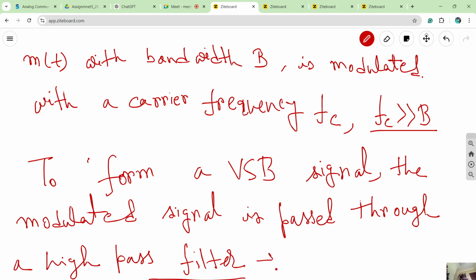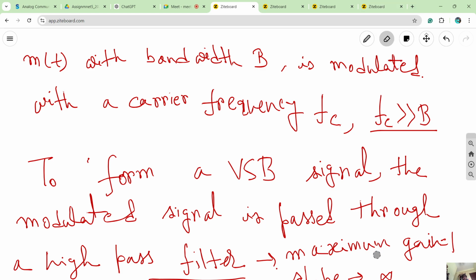This filter has a maximum gain equal to 1. Let me write. This filter characteristic is maximum gain is 1, and slope is alpha, not infinite. Slope is actually alpha.